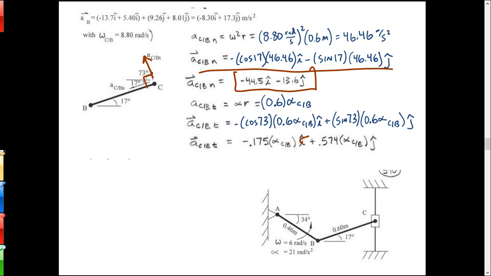I went with up left, so that's negative x, positive y. So I got negative cosine 73 for the x component times 0.6 alpha, and sine 73 for the y component times 0.6 alpha. So that gets me a vector expression for that tangential acceleration.